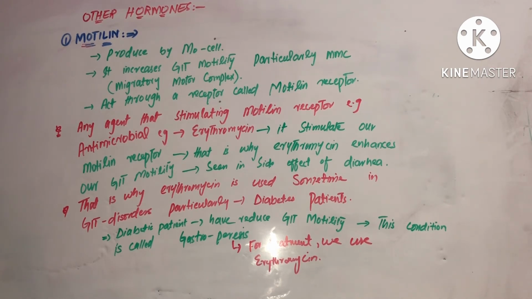This condition, the reduced GIT motility, is called gastroparesis. So for the treatment of gastroparesis, we use erythromycin in order to enhance GIT motility.